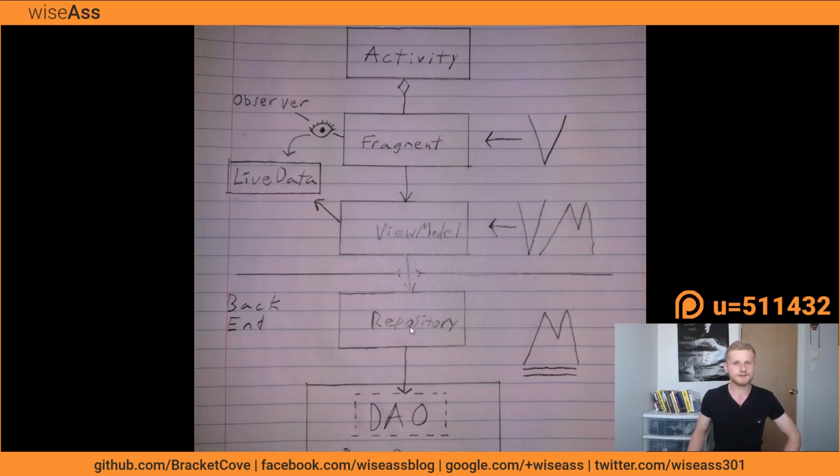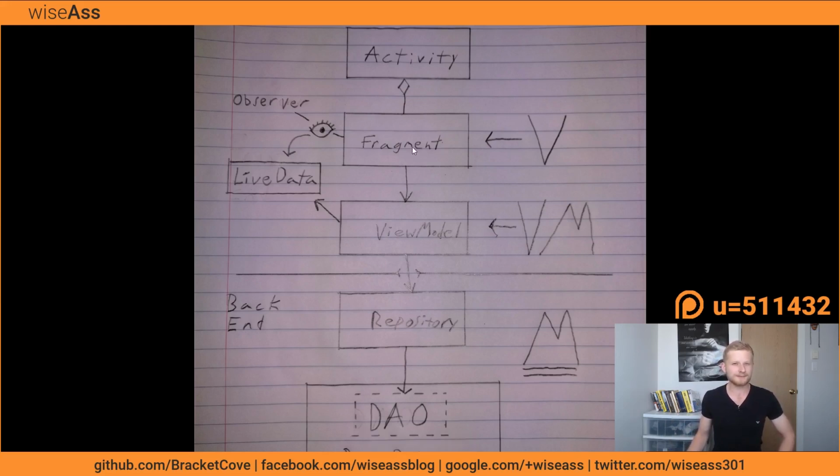But the fundamental difference between Model-View-ViewModel and Model-View-Presenter is that the view, which in our case will still be a fragment, and the view model, which in this case will be the ViewModel class from Android architecture components, it's important to note that while the fragment depends on the view model and can talk to the view model object, none of our view models must or are allowed to have knowledge or dependencies on the views which are using them.